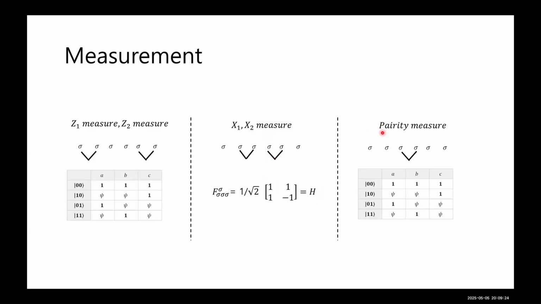The last one is very fascinating. If we want to measure the parity, and if we change their fusion location, the result is going to be that itself. So if we measure this fusion location, and if the result is psi, they don't have any parity because the result is the superposition of 1, 0 and 0, 1.